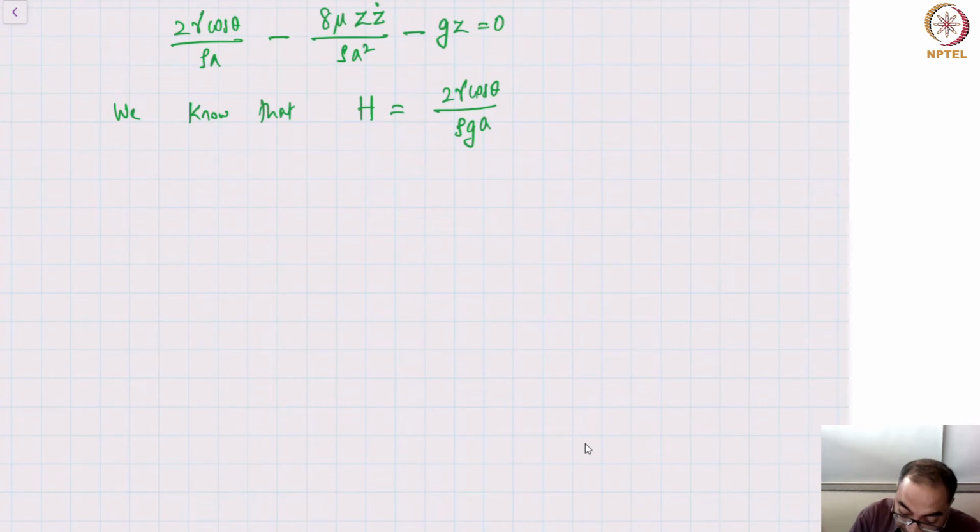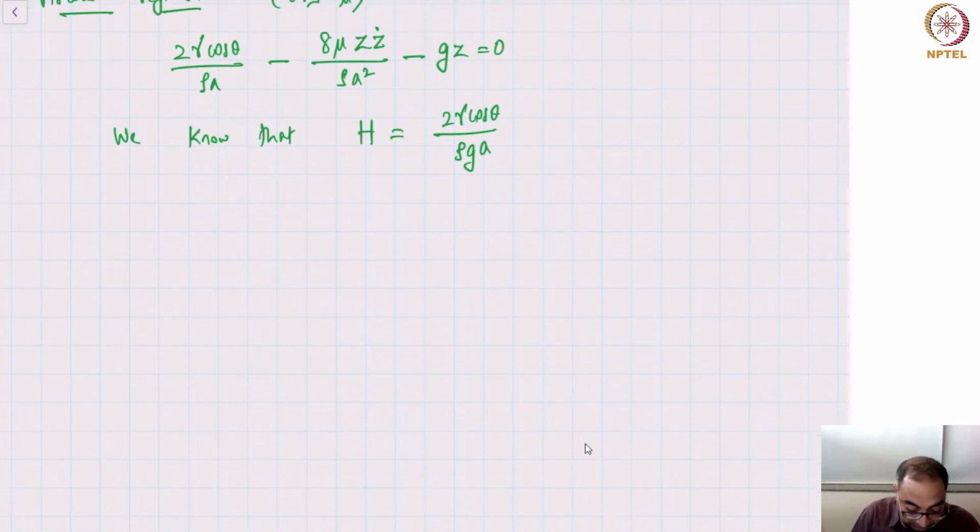Okay. Now let's rewrite this equation. Okay, how do we rewrite this equation? We can actually divide the entire equation by g, and if we do that, what do we get?